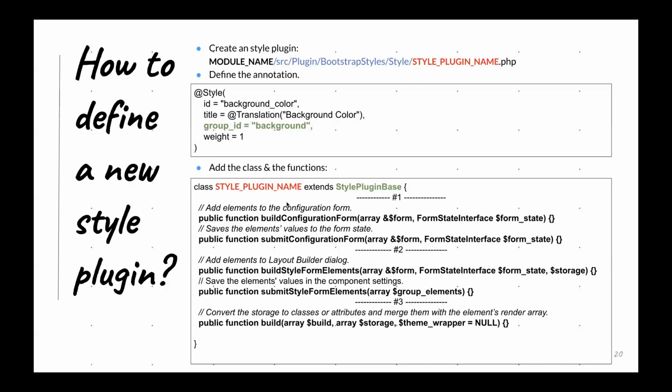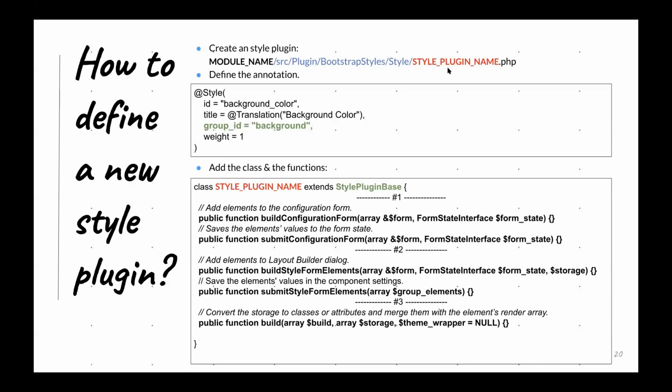For the styles plugin, it's a subset of the plugin group. All you need to define is the same. Go to your custom module, or if you would like to contribute back to Bootstrap styles, it can be Bootstrap styles, src, plugin, bootstrap styles. And this time, instead of group, you will use style.